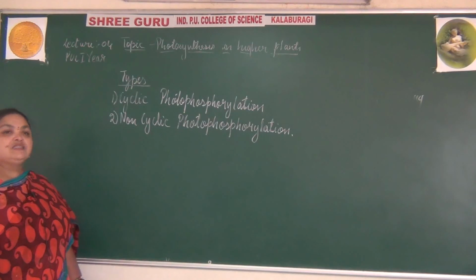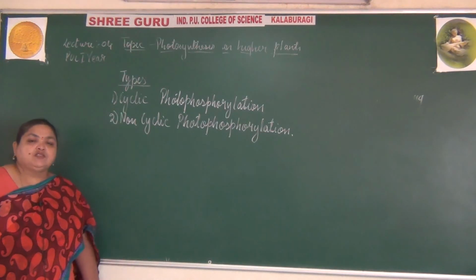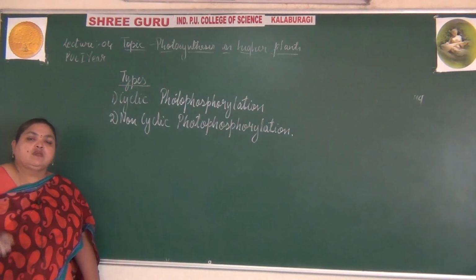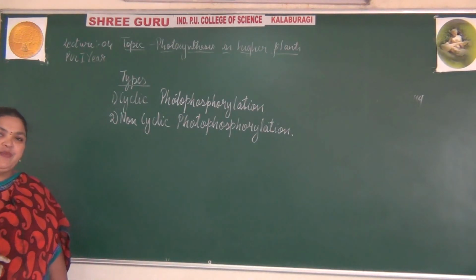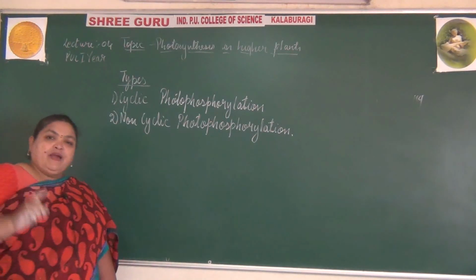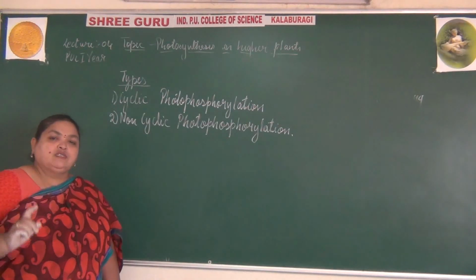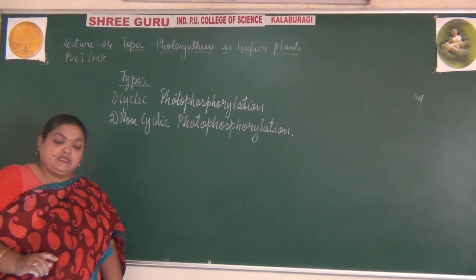In the next class, we will go with the processes of formation of ATP and NADP by cyclic and non-cyclic photosynthesis.